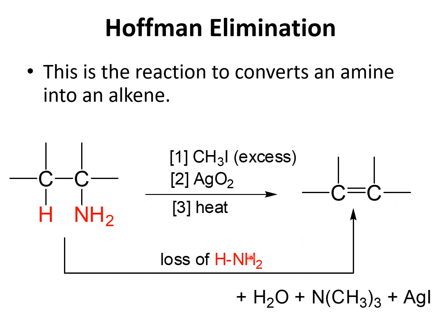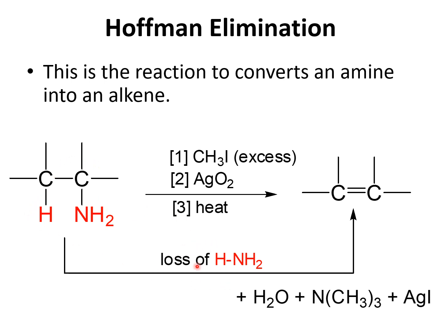I repeat, you need to identify the reagents we use in Hofmann elimination. Usually we use methyl iodide in excess, silver oxide and heat, and they will eliminate NH2 from one carbon and another hydrogen on the adjacent carbon.